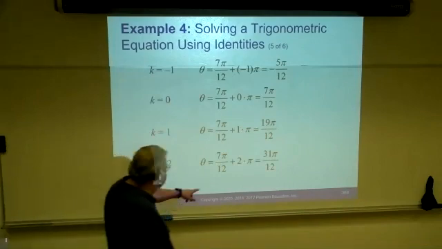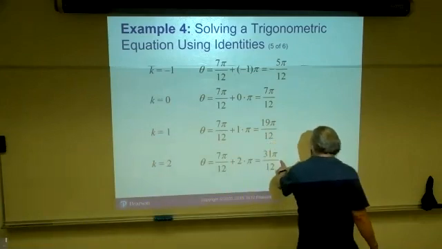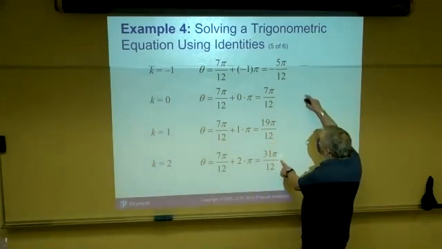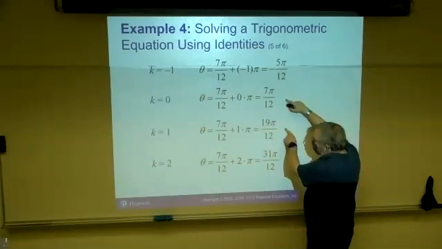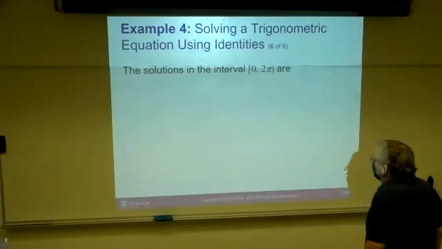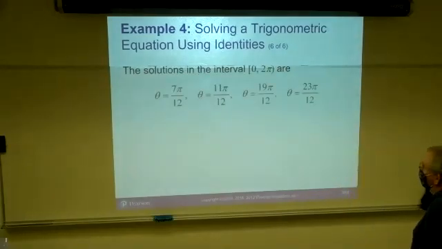This one is not between 0 and 2 pi, and this one is not between 0 and 2 pi. So we're looking at these two angles. So we basically have 4 angles to look at.